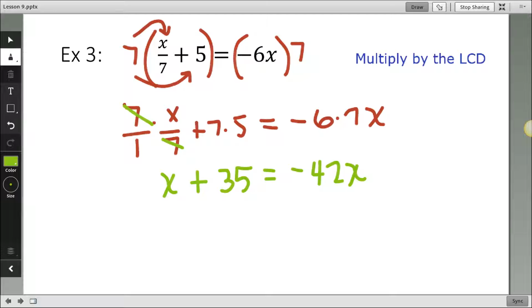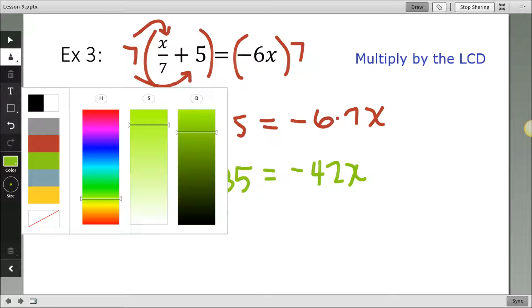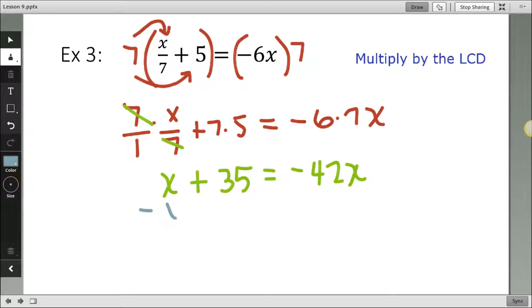And so now it's a matter of getting everything on one side. Typically what I would say to do is to take the smaller variable and move it to the side with a larger variable. But because the variable negative 42x is already over there by itself, in this case, I would go against that rule and subtract x from each side.